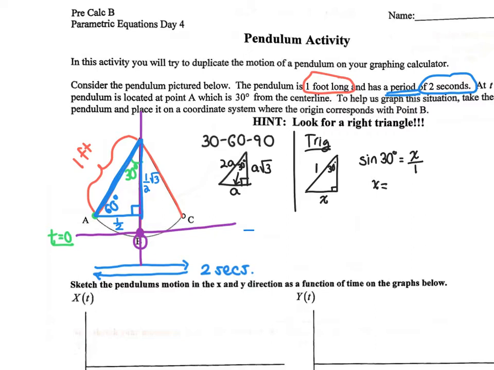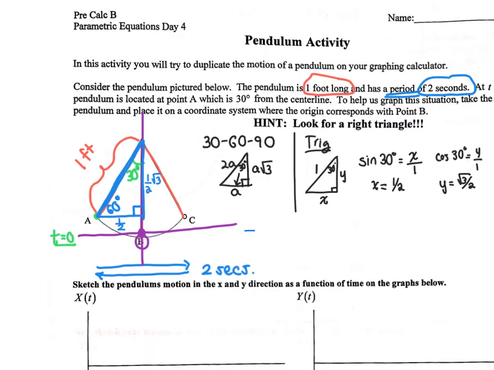So what is the sine of 30 degrees? Well, the sine of 30 degrees is 1/2. So we could use those trig functions to solve for both the x and, let's call that, the y value. We could do the cosine of 30 degrees equals the adjacent over the hypotenuse. Therefore, to find the y value, I need the cosine of 30 degrees, and that's square root 3 over 2. So two different ways that we could find those values.